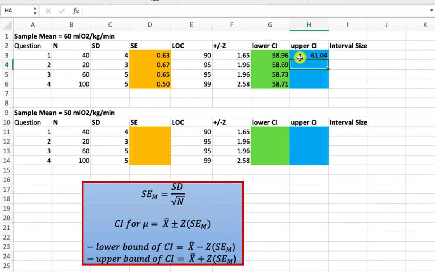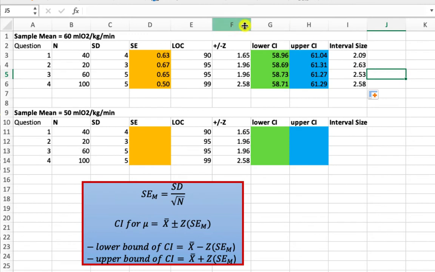And now we have the upper bounds of our confidence intervals. And if we want to know the interval size, all we have to do is look at the difference between the upper and the lower bounds. It's kind of like calculating a range, where you have a minimum and a maximum, and you look at the difference between those two. Interval size is pretty much the same ordeal.